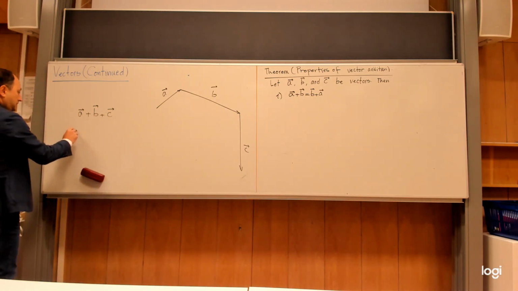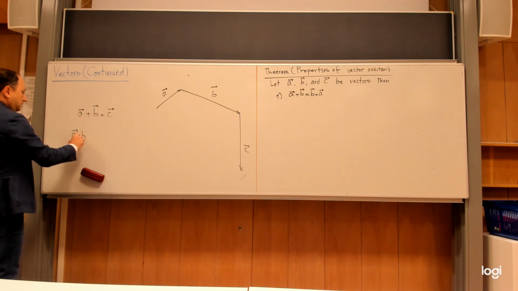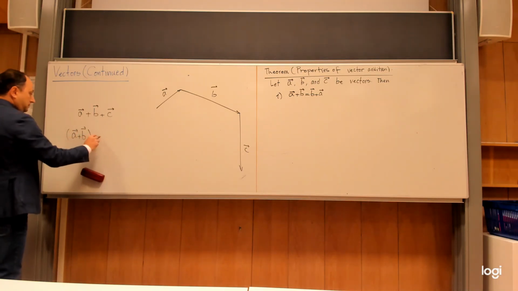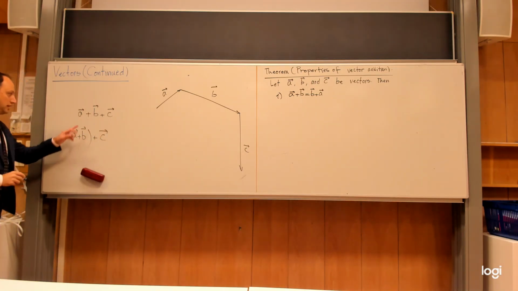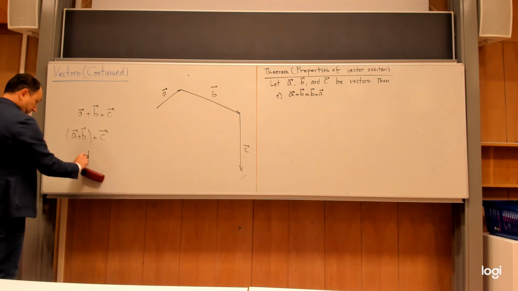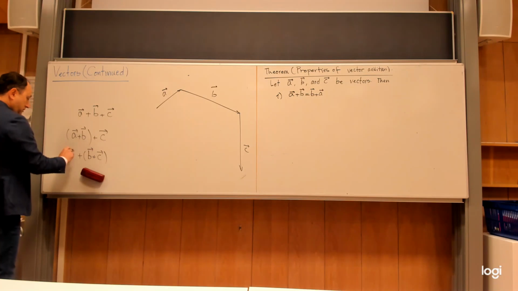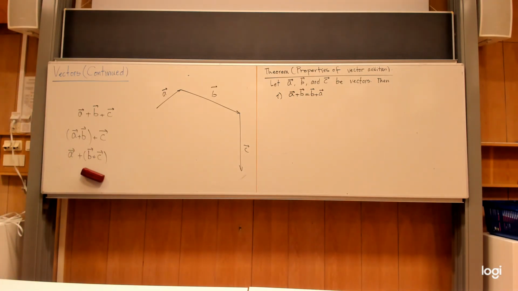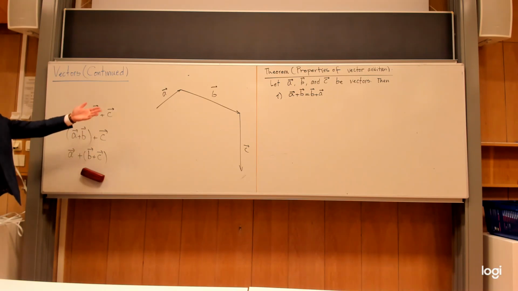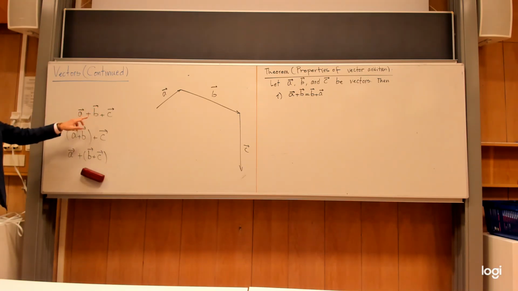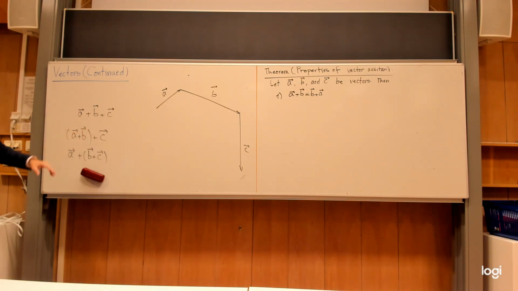I can say A plus B plus C, where I prioritize the first addition, or I might prioritize the second addition. If these two turn out to be the same, at least for this kind of case where all three vectors lie on the same plane, this is not ambiguous. I don't need a pair of brackets. Let us check.